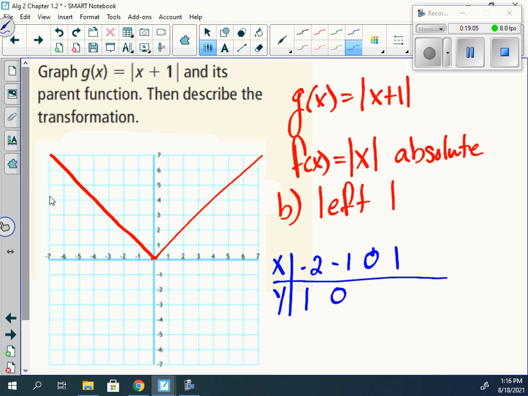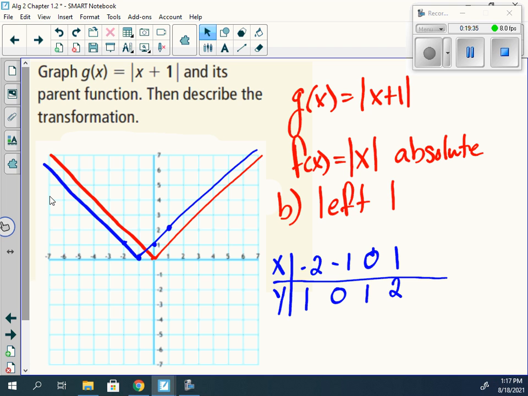If we do it with 0, 0 plus 1 is 1. We get 1, and then this would give us 2. So if I graph this, at -2 we're at 1, -1 we're at 0, 1, 2. Well, okay, we can see the entire graph shifted to the left, yes? Okay, that kind of makes sense, but it seems weird how that works.